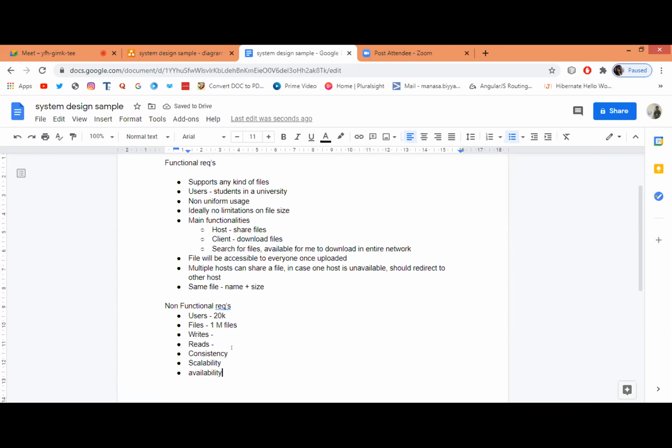Among all these three, I think consistency is more important because as an end user, let's say I'm downloading a huge file and I download 99% of the data, and at that time, due to various reasons, network fault or hardware fault, if that file is not available and I lose that, then it's not a great user experience.